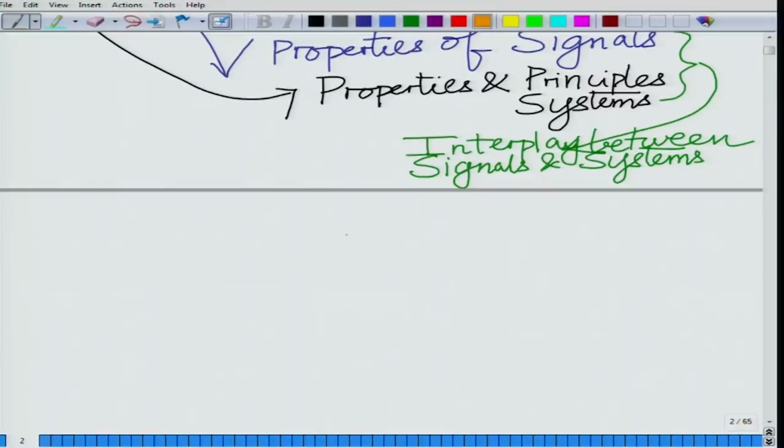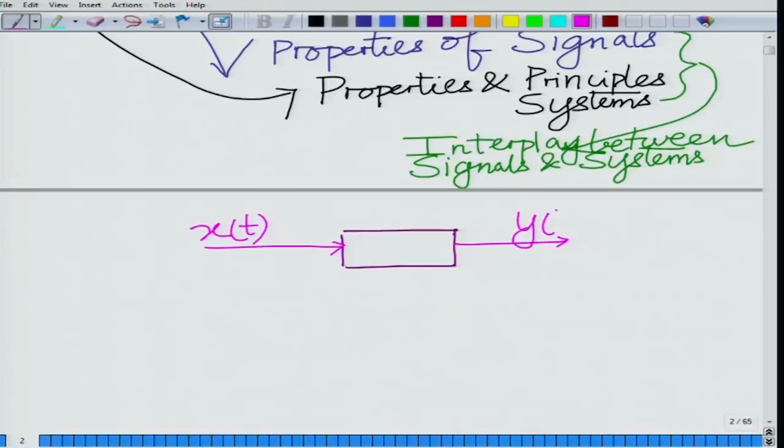What happens when, let us say, I have a system, which I am representing schematically over here, and if I transmit a signal x t through the system, I have an output y t.